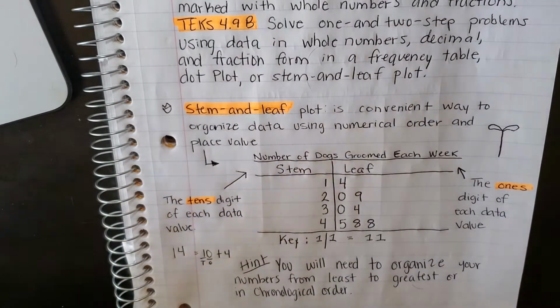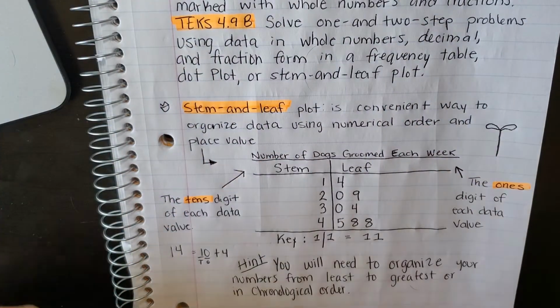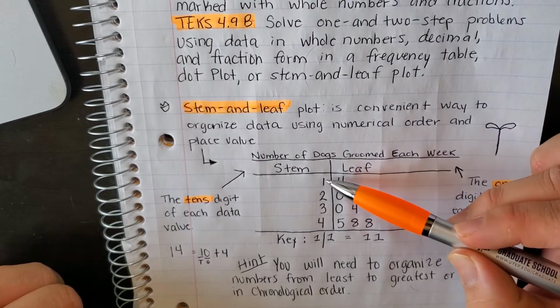Okay, so what do I mean by this? So you will have a table, right? A table that will give you numbers, and you will have to put that table into the stem and leaf plot.